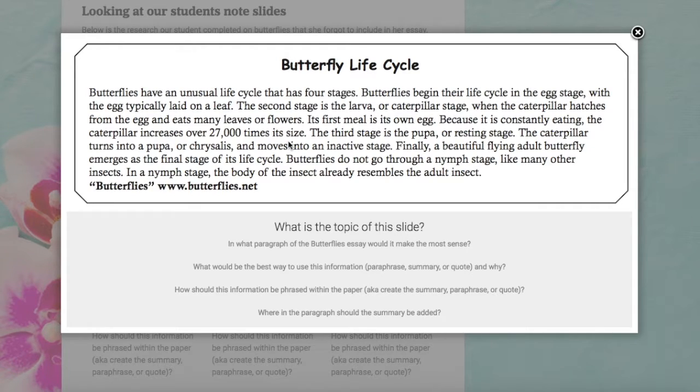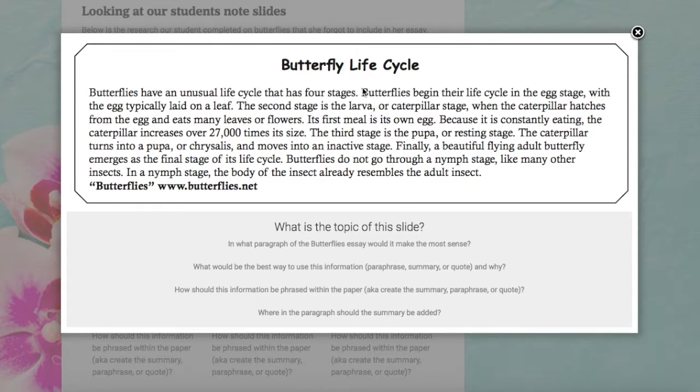And again, I don't think we need all this level of detail, which means that our best choice is actually going to be to write a summary. So in our summary, we need to include the basic details of a butterfly's life cycle, but not too much detail, because our second paragraph already lists out the different stages. We just need to give a little bit more detail about what each of those stages is, okay?